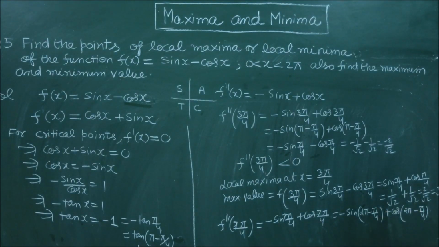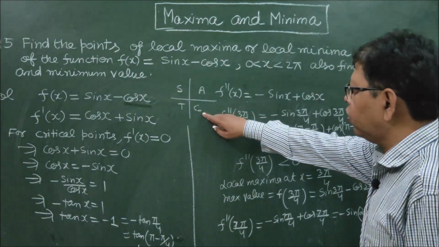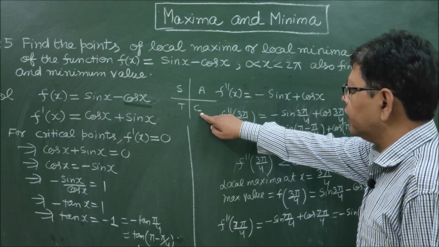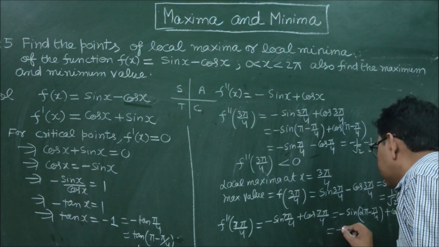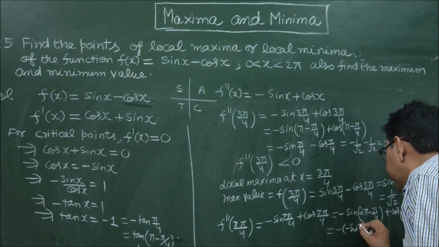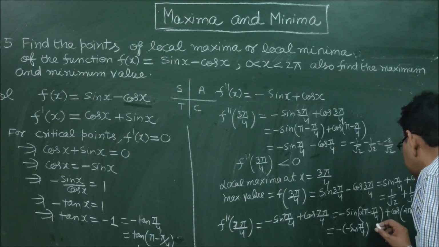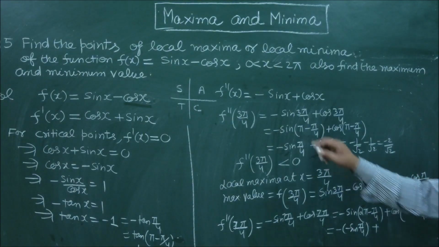Now in the fourth quadrant only cos and sec are positive, so the value of sine will be negative. So minus and minus sin π/4 plus cos π/4, since cos will be positive.